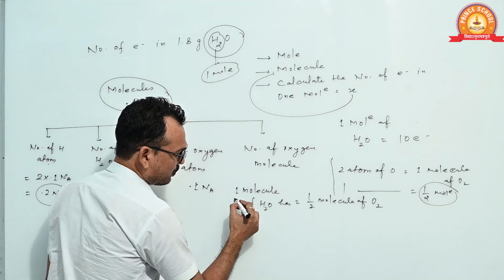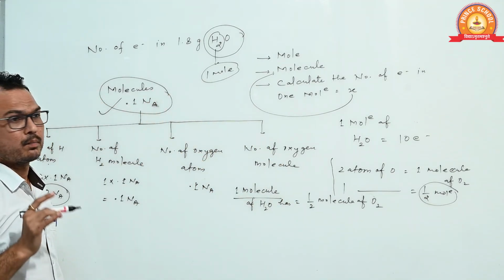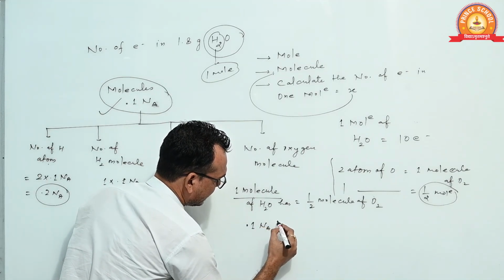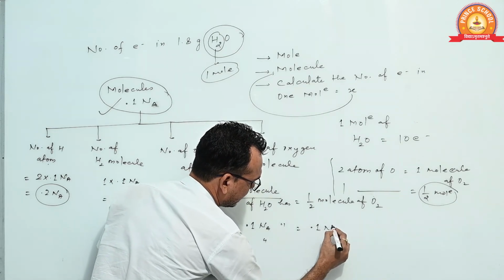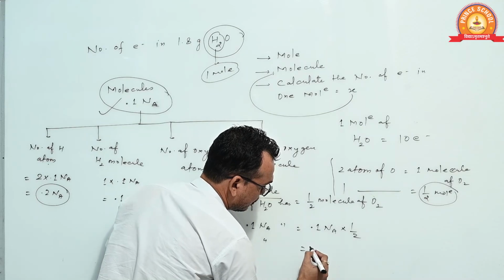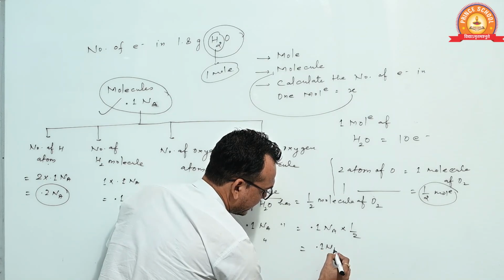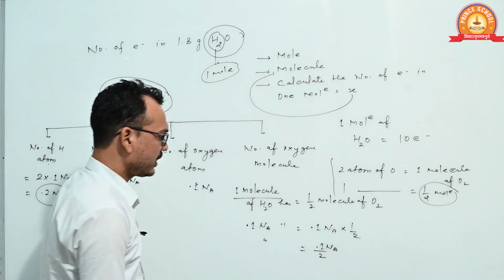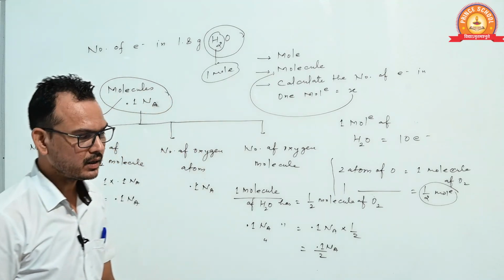Then the number of molecules of H2O is 0.1 Na, so it has 0.1 Na multiplied by 1/2, which gives 0.1/2 Na. Clear?